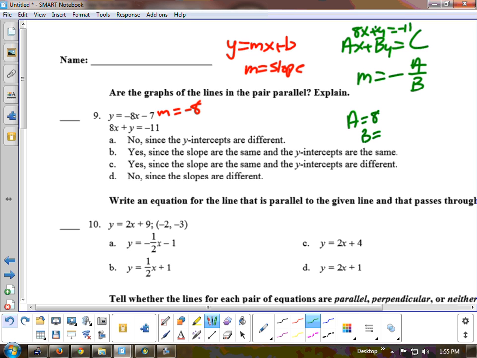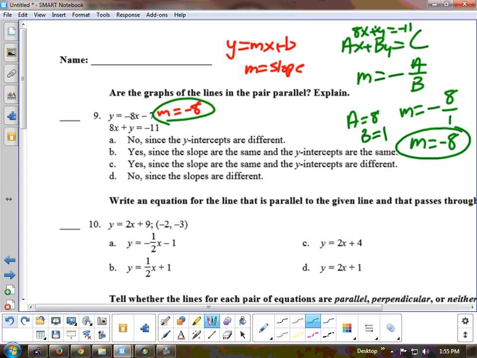There's a 1 there. So the slope turns into negative 8 over 1, which is negative 8. And since this slope matches the other slope, they are parallel. Okay, since the slopes are the same, now, are the y-intercepts different? And the answer is yes, they are.